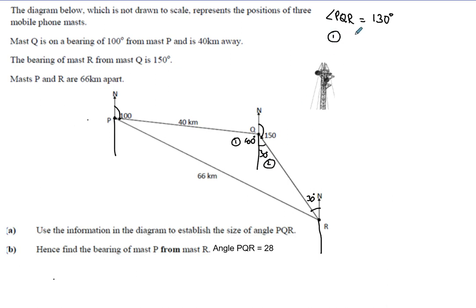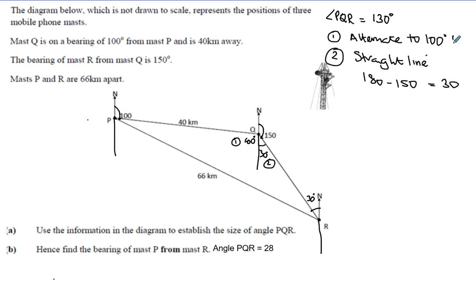So 1, alternate to 100, and 2, straight line. So 180 minus 150 equals 30. So then you've got your 100 plus your 30 comes to 130.